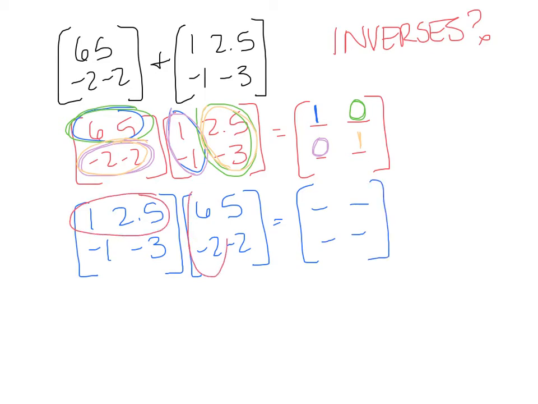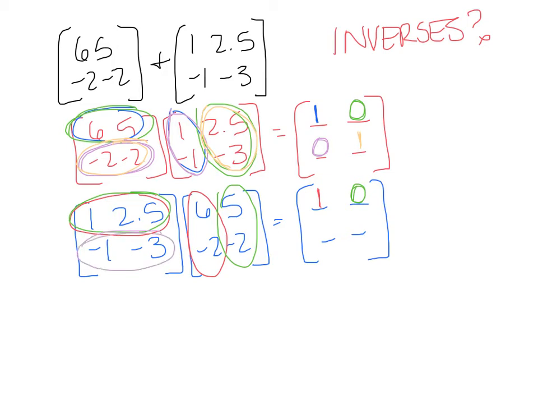We're going to start out with 6 and 2 times 2.5. So 6 minus 5, that's going to get us 1. That's a good thing. Now we'll do our next one, row 1, column 2. That'll be 5, because 5 times 1 is 5, minus 5, because 2.5 times 2 is 5. So that gets us 0, another good thing.